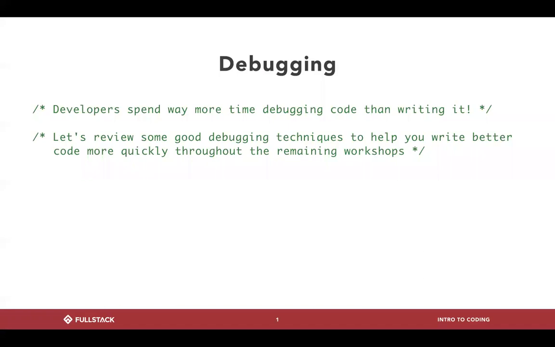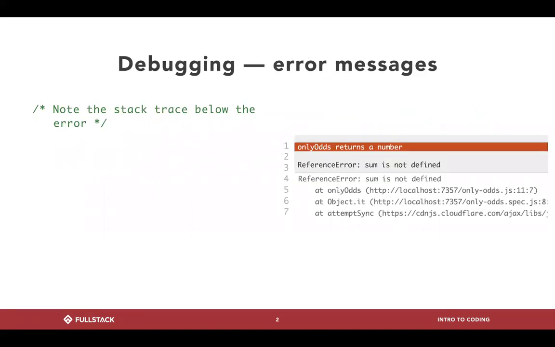So what we're going to talk about tonight is some debugging techniques to help you all figure out how to respond to something not working in your code, or maybe a result that you didn't plan on getting when you're going through the workshops. So the first thing that you can do when you get an error is to look through what's called a stack trace.